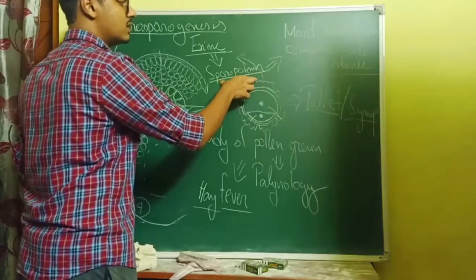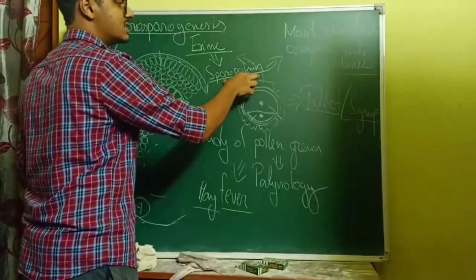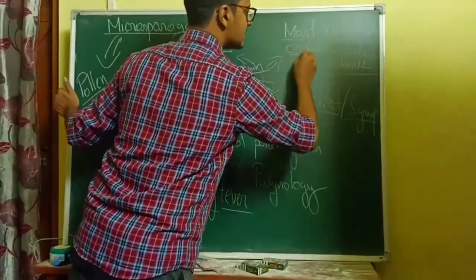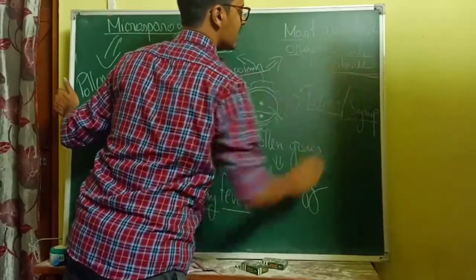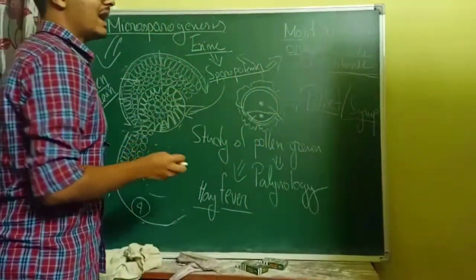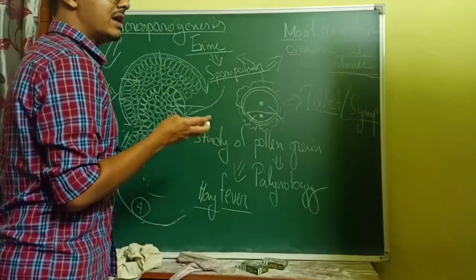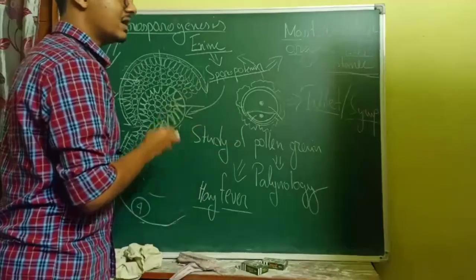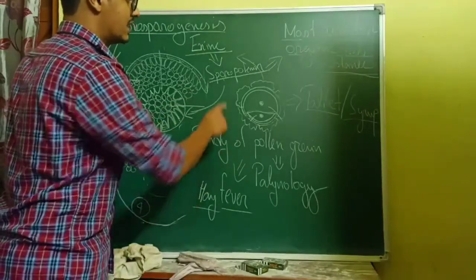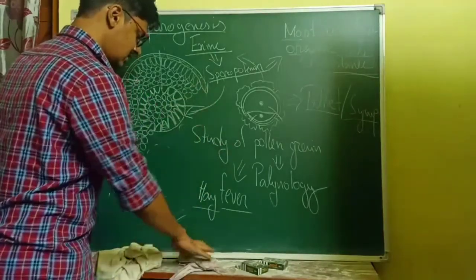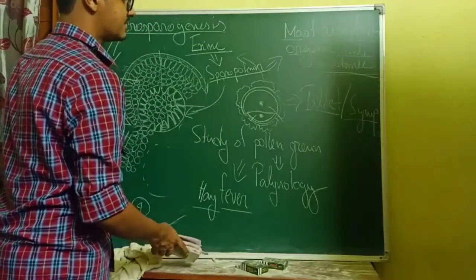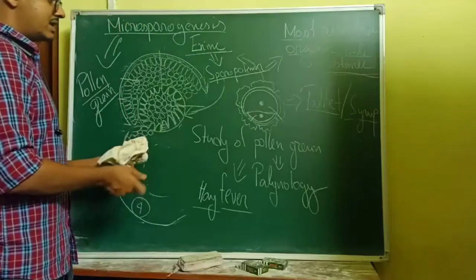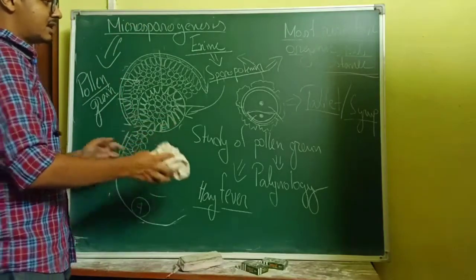That is the function of sporopollenin, and because it has a protective function, it is the most resistive organic substance known to human beings. It can tolerate temperature, it can tolerate an acidic environment, and it can tolerate a basic environment as well. That's why sporopollenin is called the most resistive organic substance.